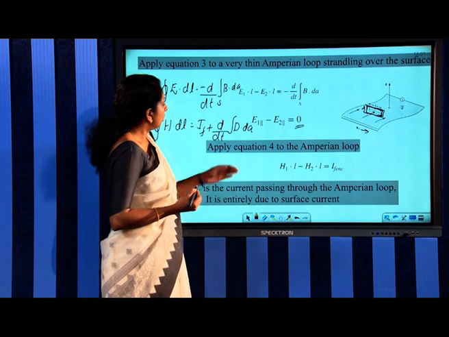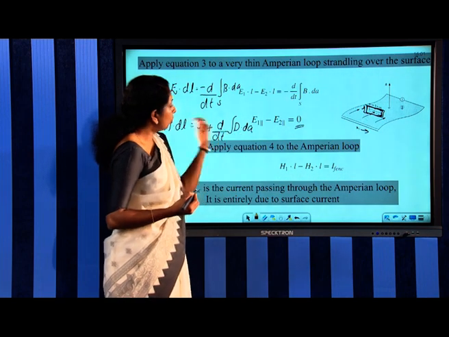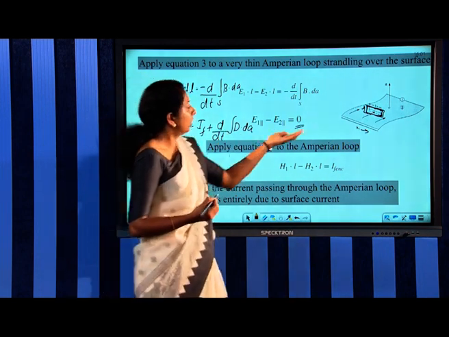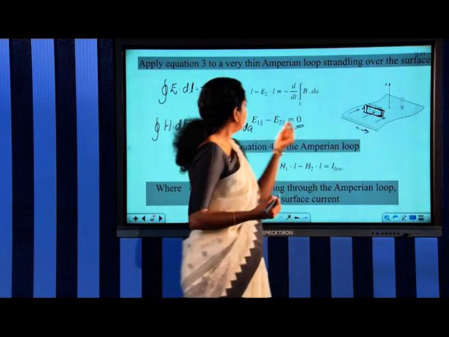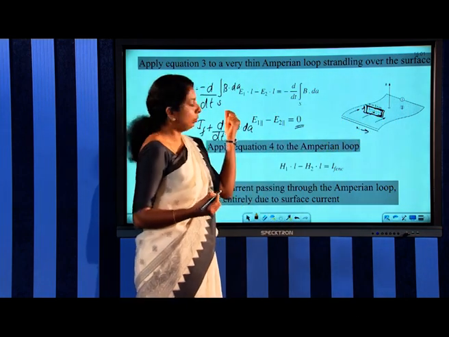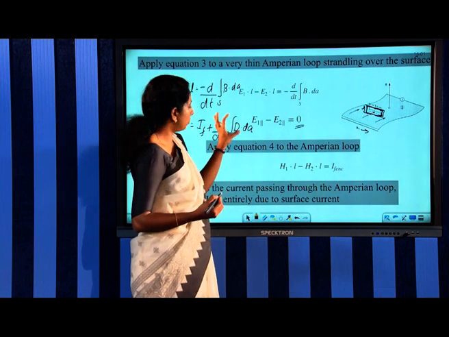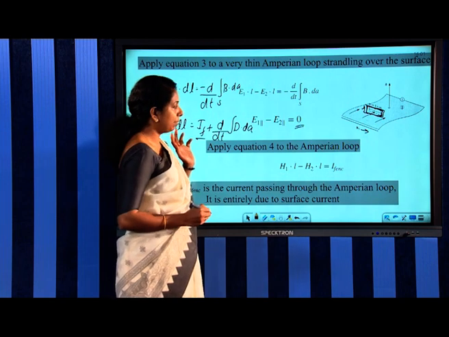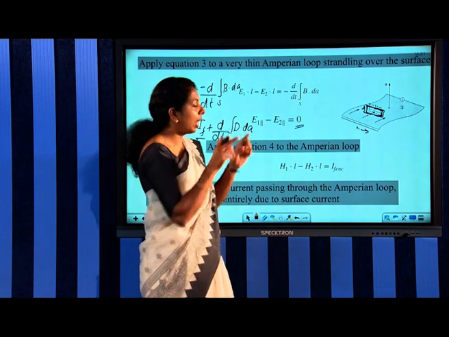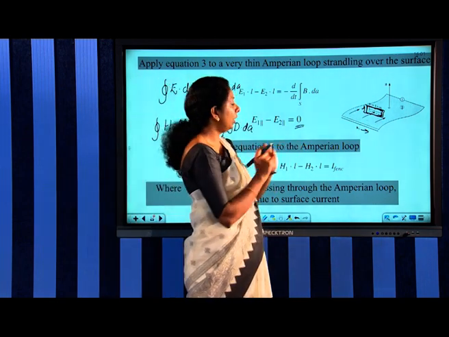Here this portion goes to 0 because of the assumption that the width of the loop goes to 0. So, the area term goes to 0. So, we do not have any contribution from this term, and we will have contribution only from this term, that is I_f enclosed, whatever be the current enclosed in that Amperian loop.